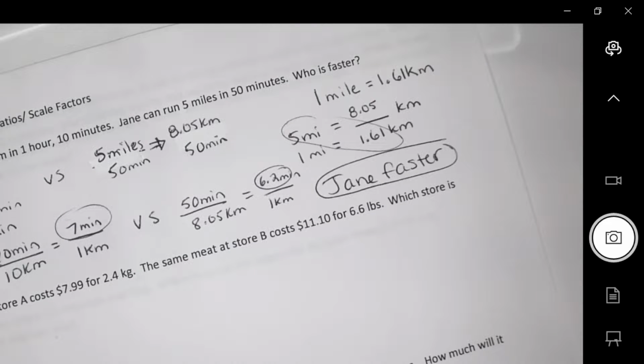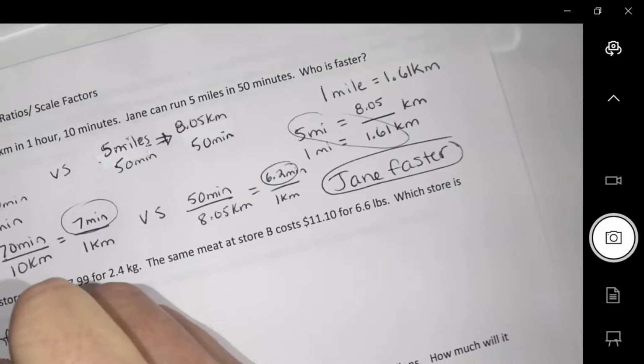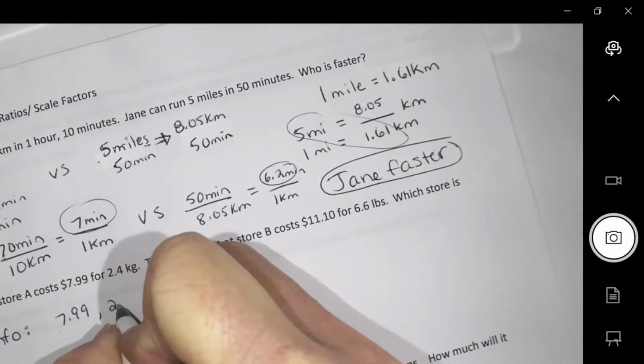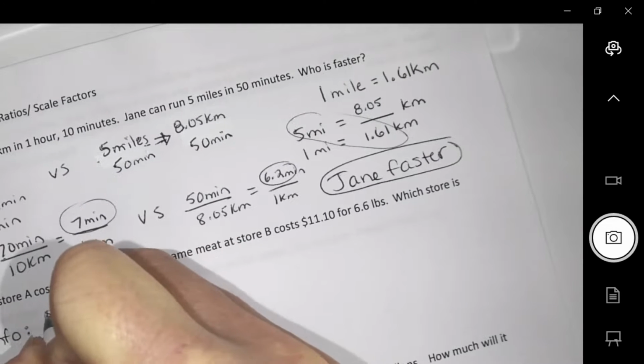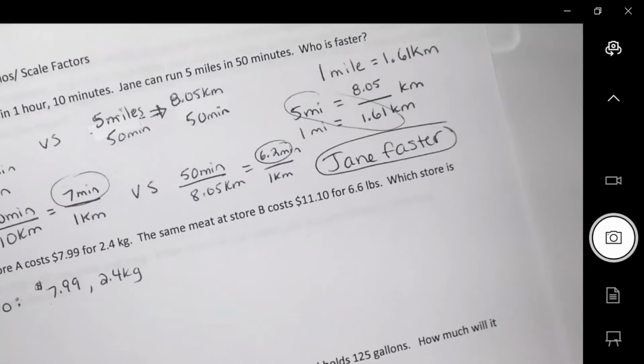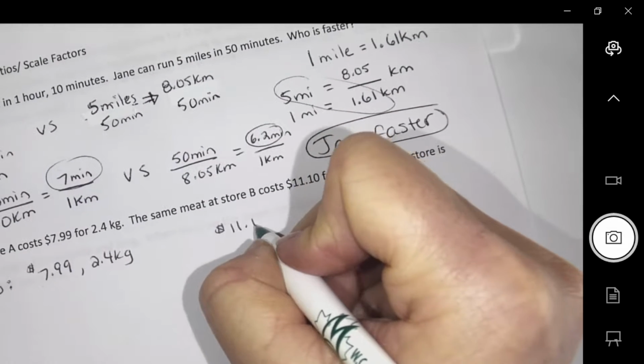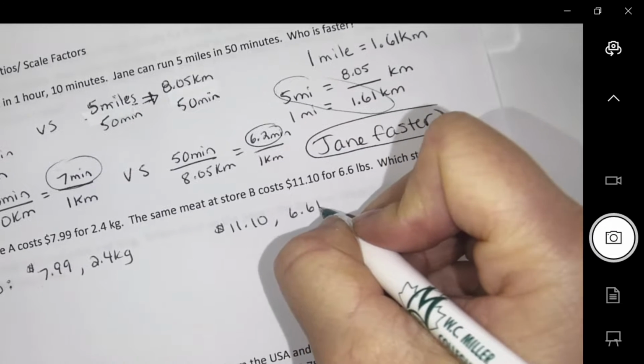Okay, a meat store, so the info: I have $7.99 for 2.4 kg at one store, and the other info is $1.10 for 6.6 pounds.